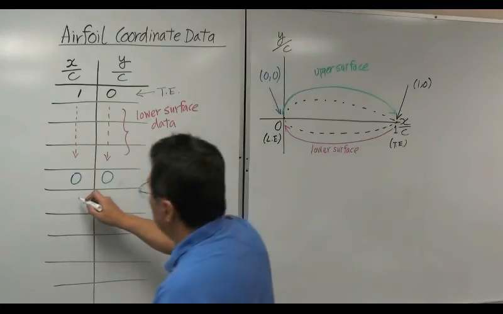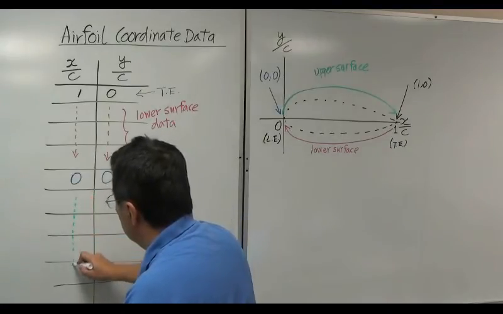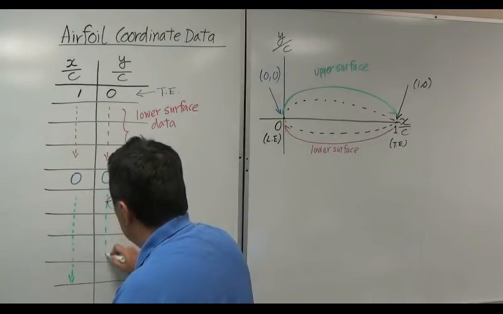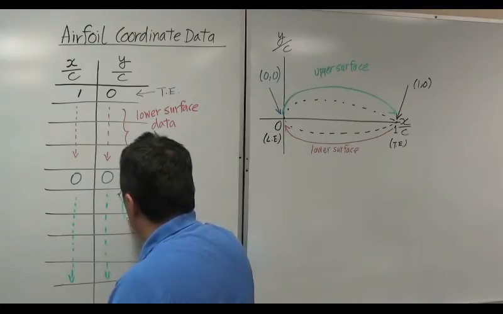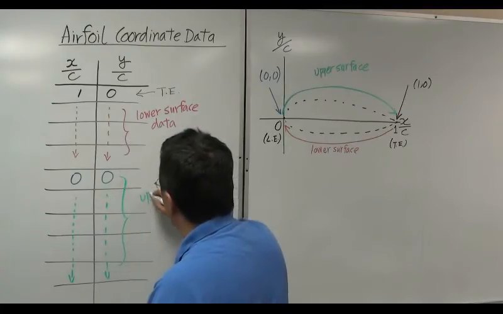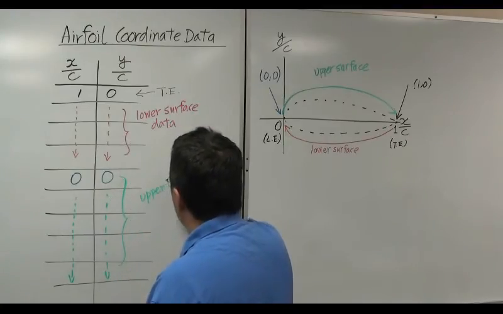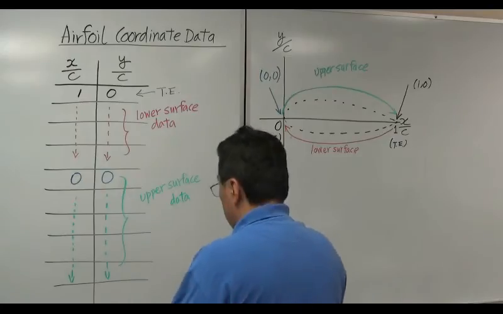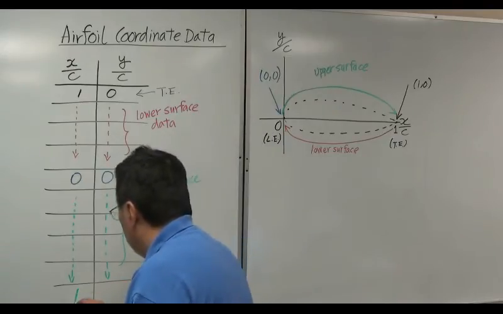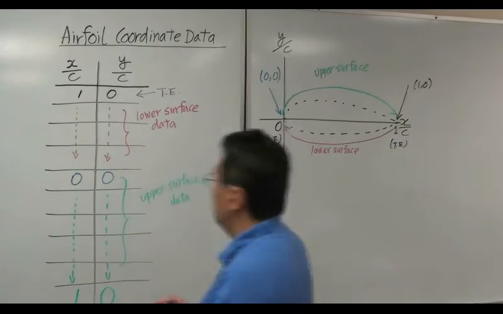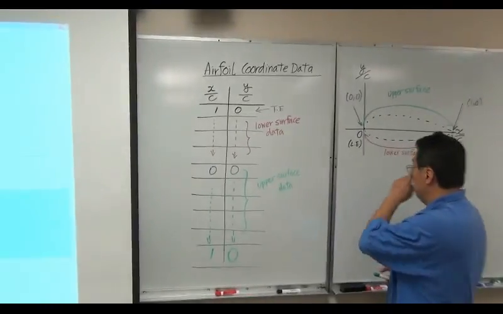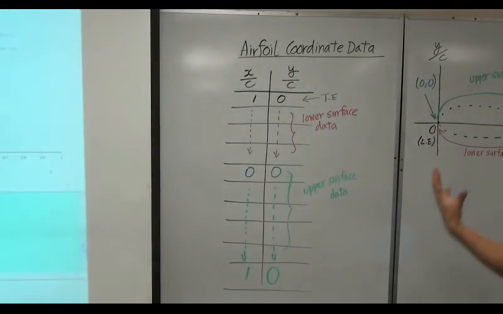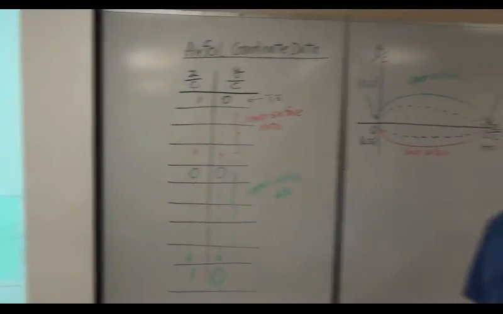So what you're seeing is from here, upper surface data. Then ended up in 1 and 0. Okay? So let's zoom out and show this picture, please.